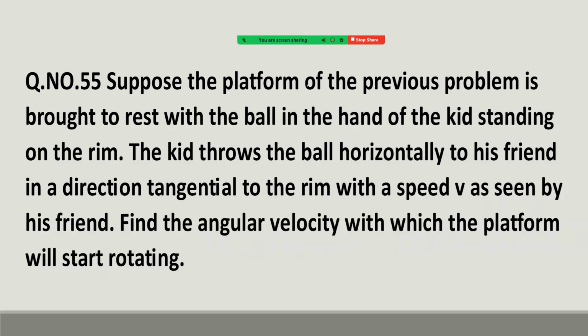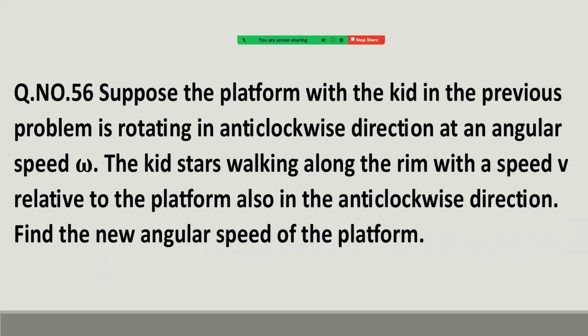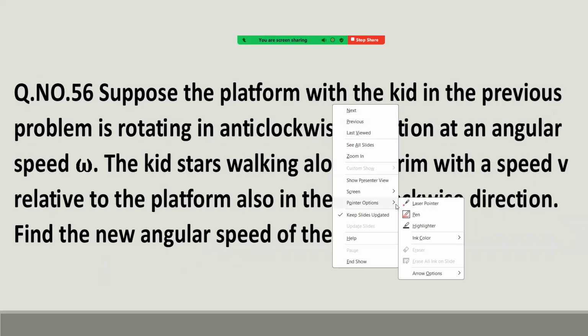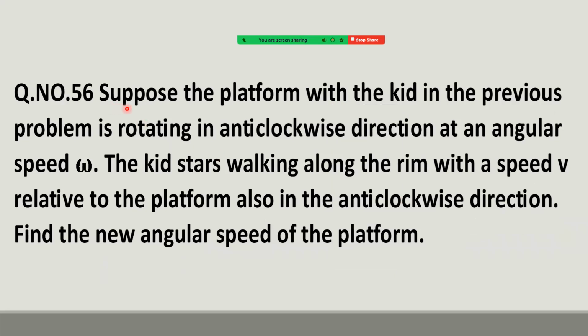Let us see the next one. Suppose the platform with the kid in the previous problem is rotating in the anti-clockwise direction at an angular speed omega. The kid starts walking along the rim with a speed v relative to the platform, also in the anti-clockwise direction.